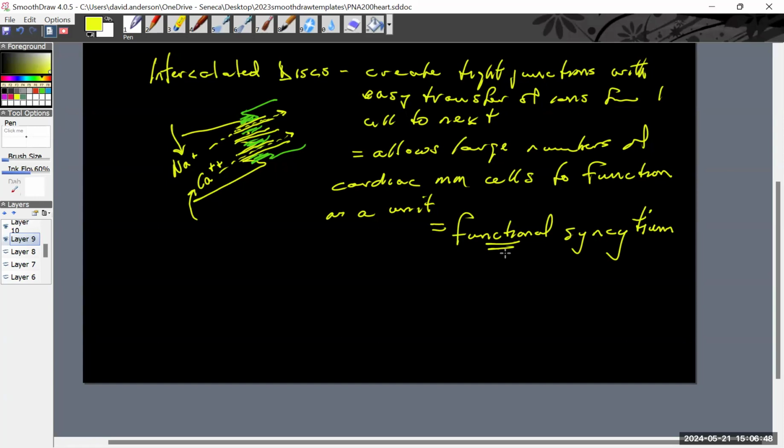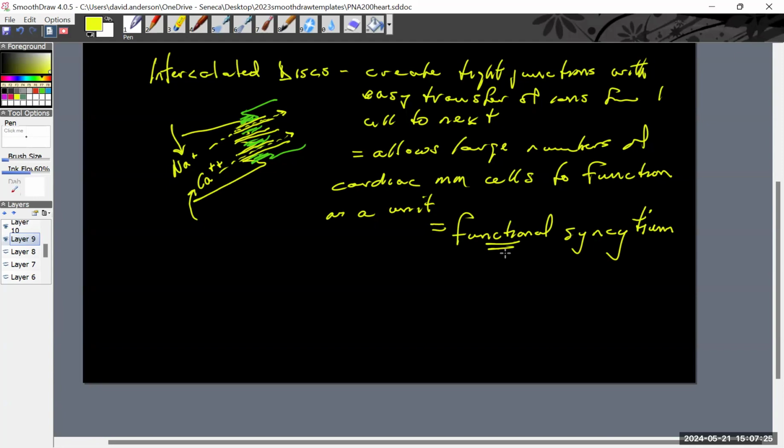We describe this one as a functional unit because each cell is still an individual cell, but because the intercalated discs connect them to one another, the fast transmission of those electrolytes allows cells to contract in a sequence as a unit. Think of it as a wave of contraction. We're going to talk about the importance of that a little bit later on today. It's extremely important.